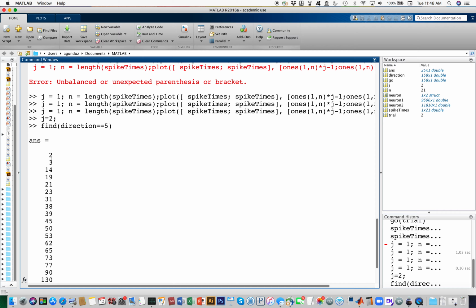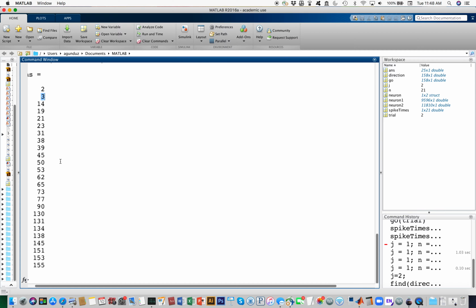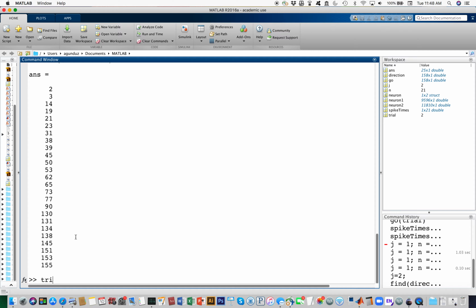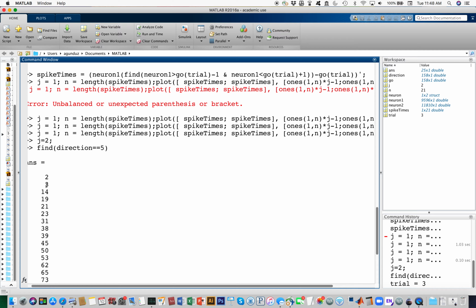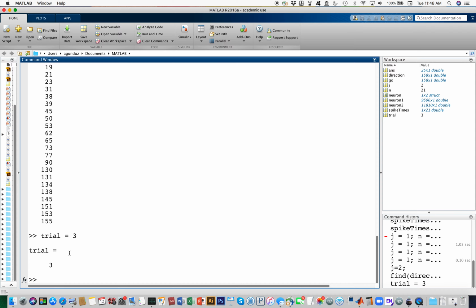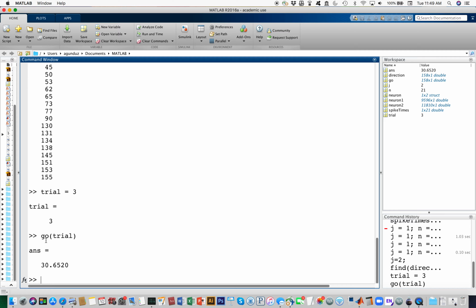Oh, the trial after it was also for direction number 5, so that's trial number 3 for the overall experiment, but for the 5th direction, this is only the second trial. So j is 2, but my overall trial is 3. I need the overall trial because I need to know when that go cue was given. So that go cue is now something like 31 seconds.